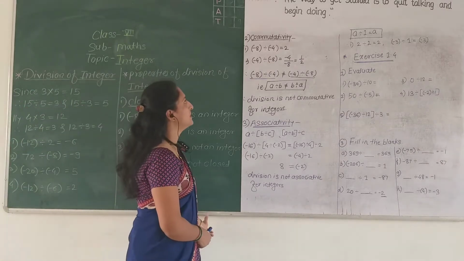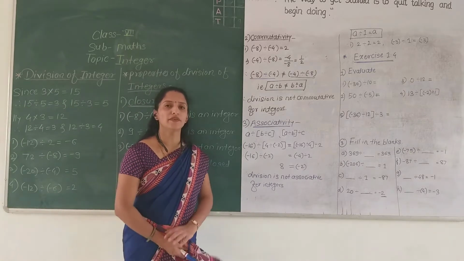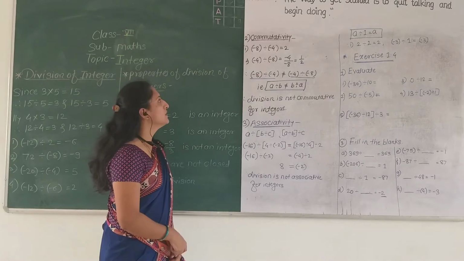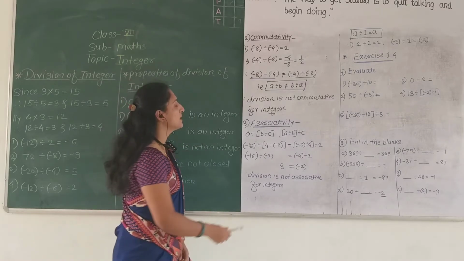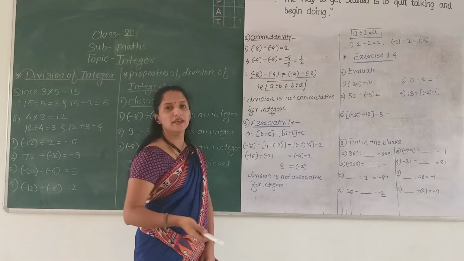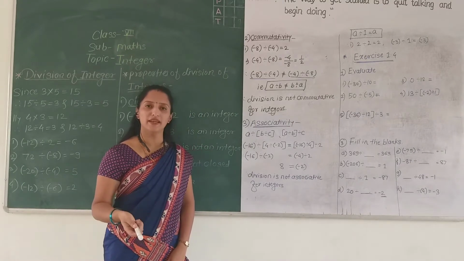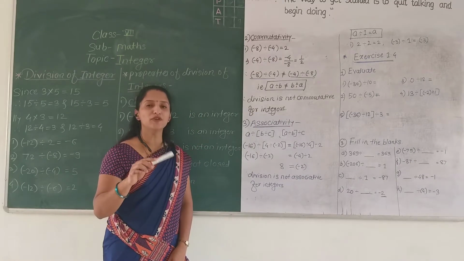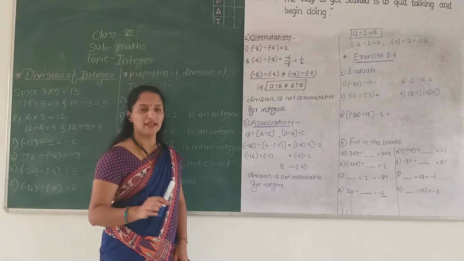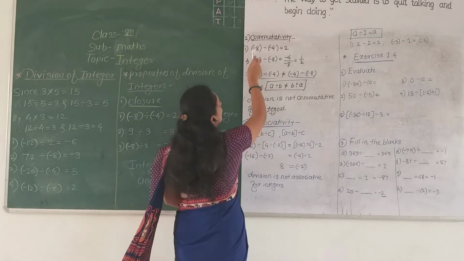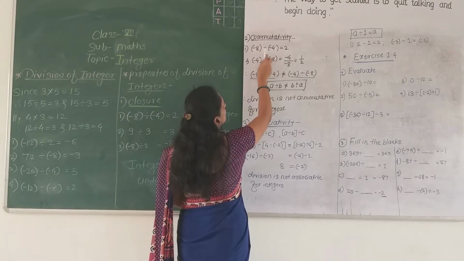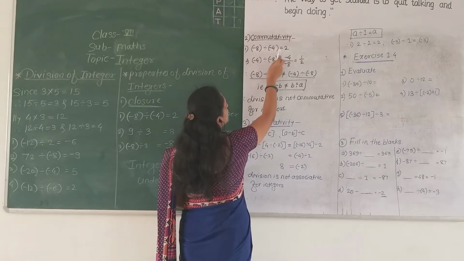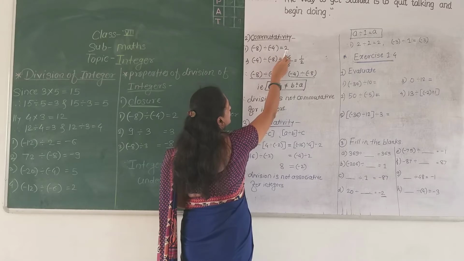Now commutativity, the second property of division for integers. Here we have to check whether a divided by b is equal to b divided by a, which is the same as checking a into b is equal to b into a. So we check here negative 8 divided by negative 4. The answer is 2, since both the integers are negative, so the answer is positive.